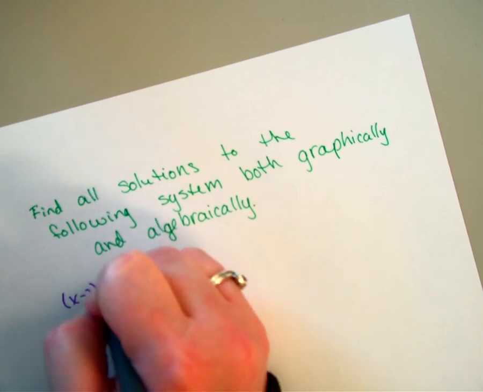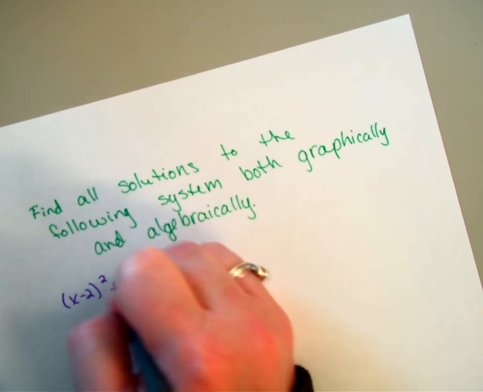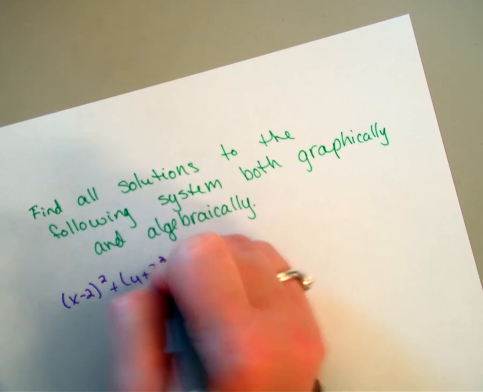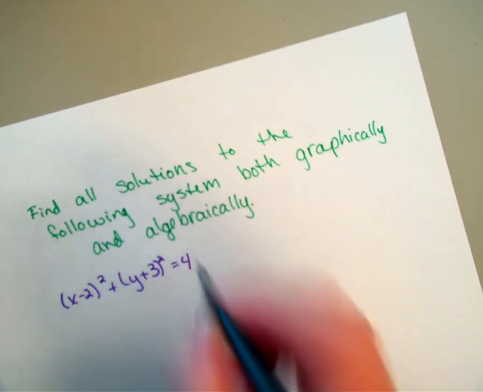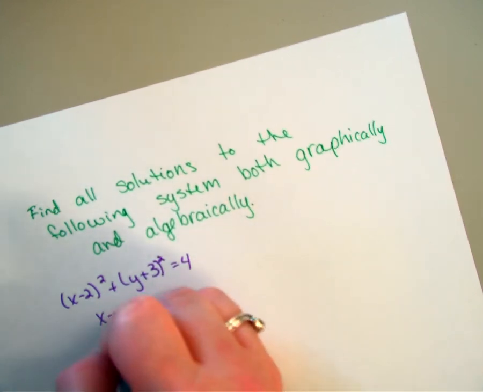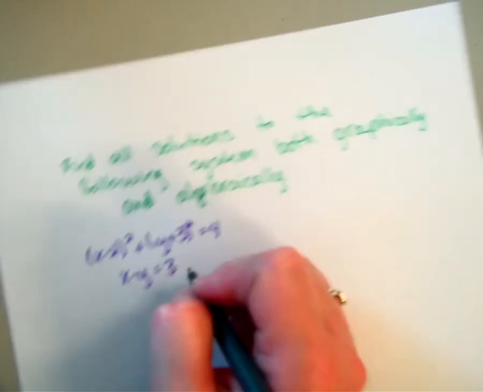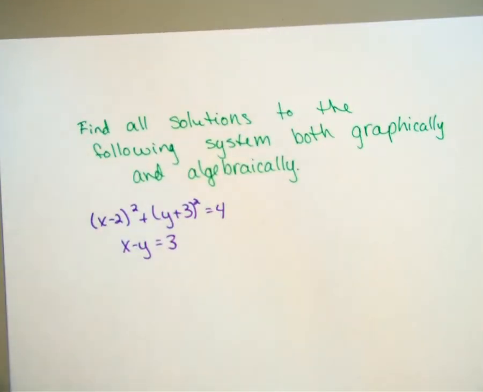So x minus 2 squared plus y plus 3 squared equals 4. And then we have a line. So here's our system. So we're going to find all solutions to the following system, both graphically and algebraically.